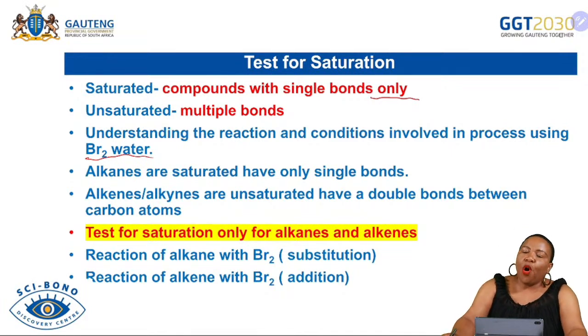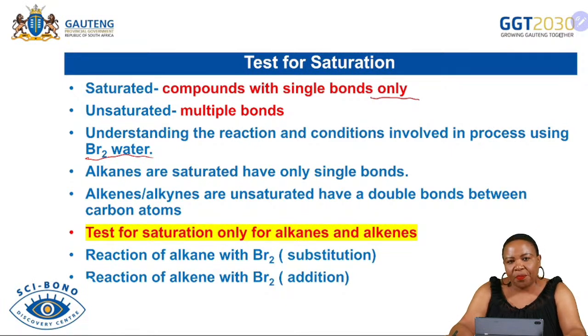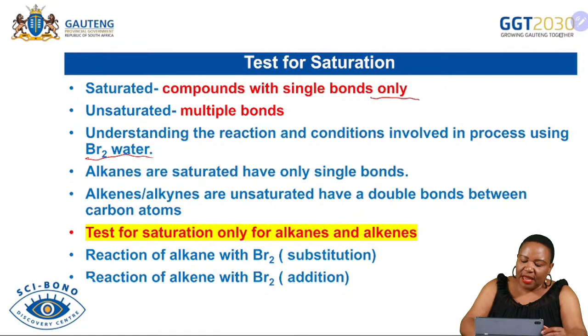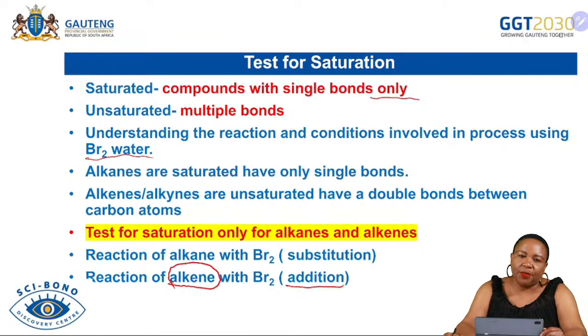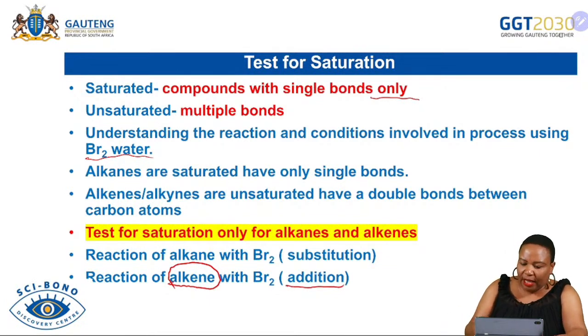But if you pour bromine water into an unsaturated compound, the color of the bromine water will change from orange-brown to colorless. What is happening in that reaction? I said to you, alkenes will always undergo addition reaction. So what changes the color of bromine water is the addition reaction. Now, how does this occur?